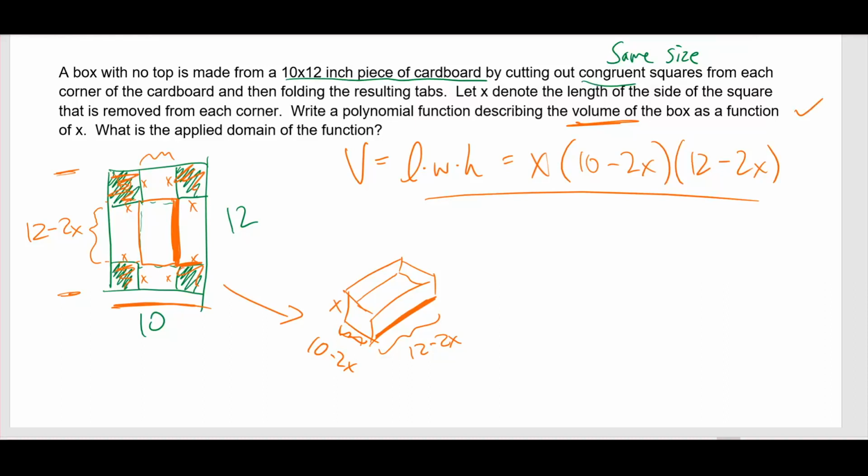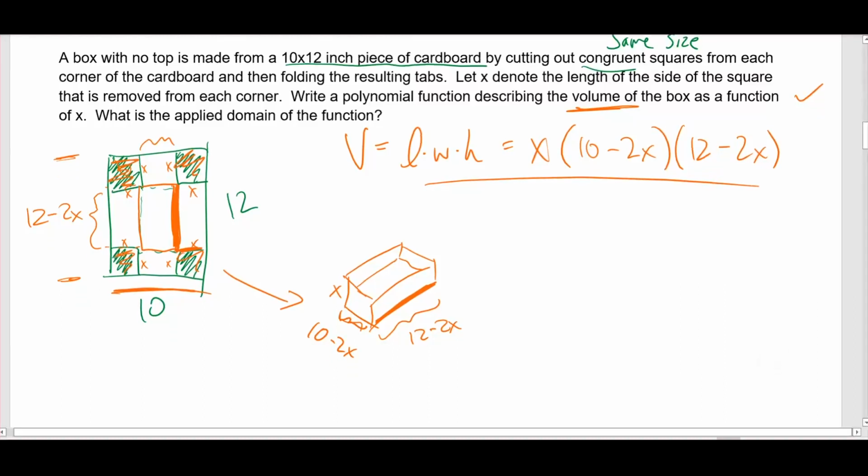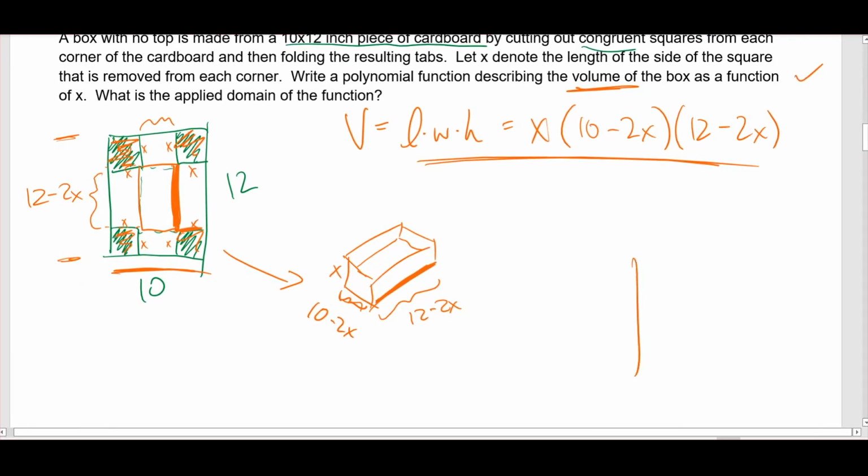Well, I guess what's the applied domain? So I think we talked about this in a previous section where we've got a math object, we've got a polynomial, right? But this is only going to make sense for certain values of this variable. I think the example that we looked at before was like if I had a basketball, I'm going to shoot a basketball and I'm going to fire it at this net over here, right?